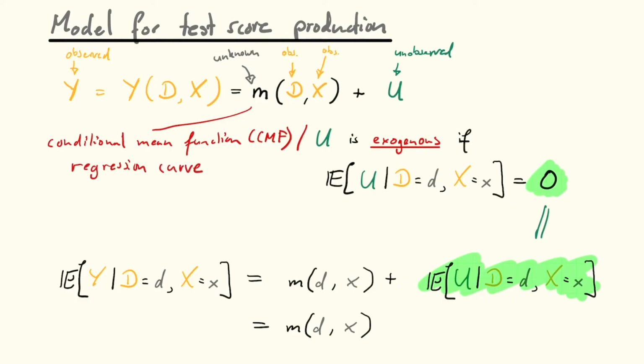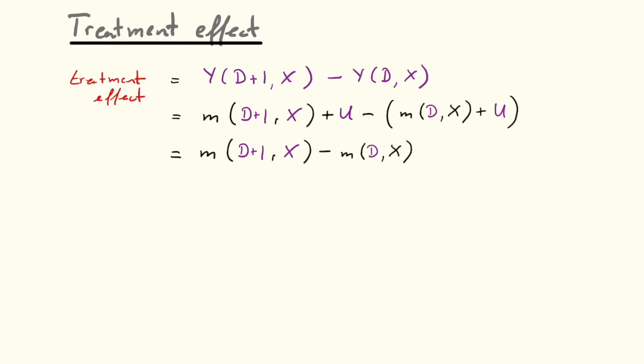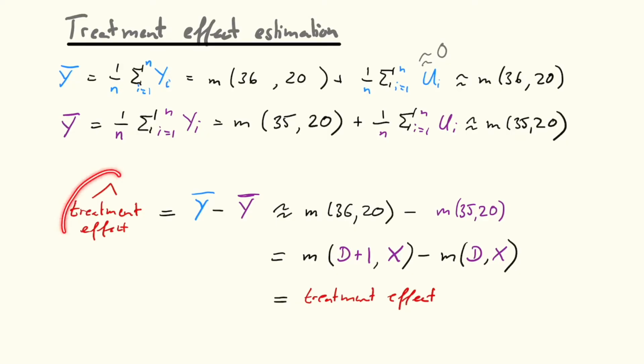What we've learned here may help us interpret our identification result for the treatment effect. Here we've written the treatment effect as the difference of two m functions. Now we know that this is the difference between the means of two subpopulations. Therefore, it's not surprising that we estimated the treatment effect by subtracting averages over two subsamples.